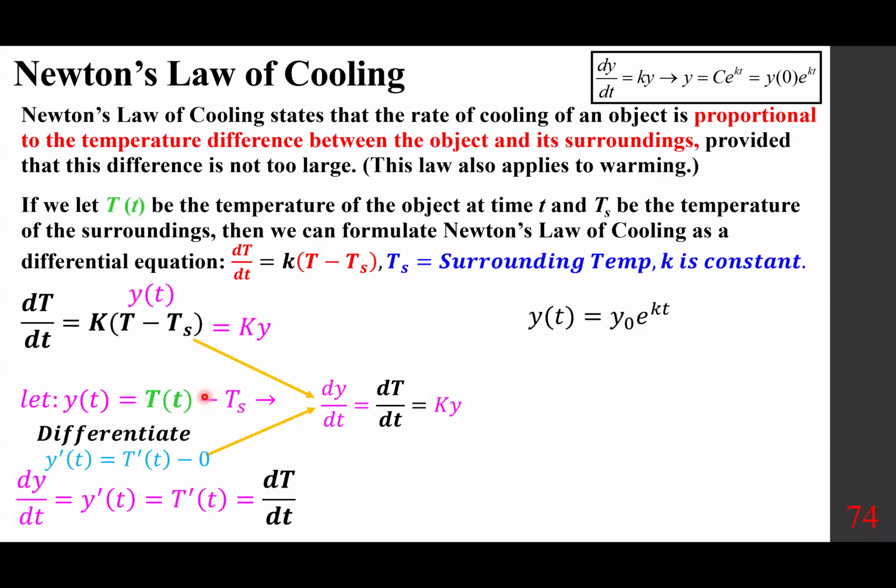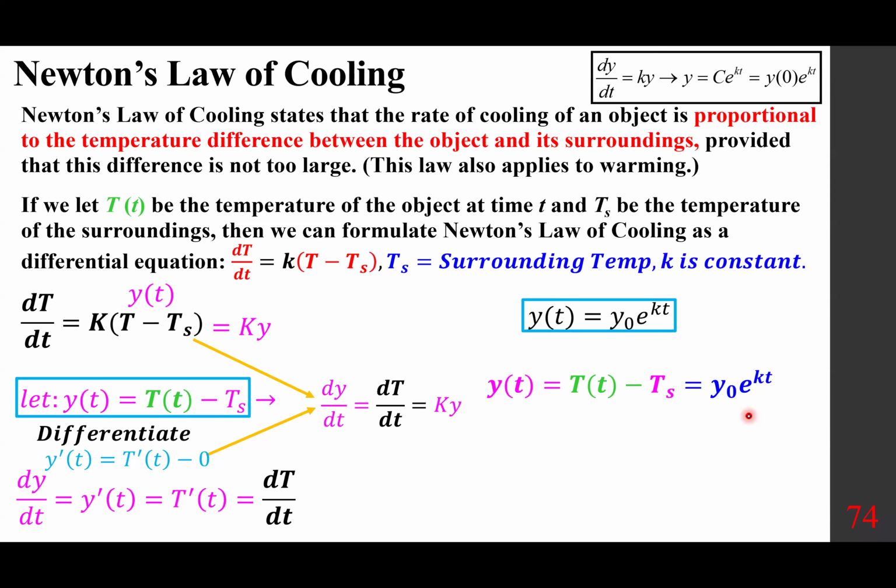And look at this formula. y of t is T of t minus T sub S. So this formula says it's also equal to y sub 0 e to the power of kt, right? These two, understood?